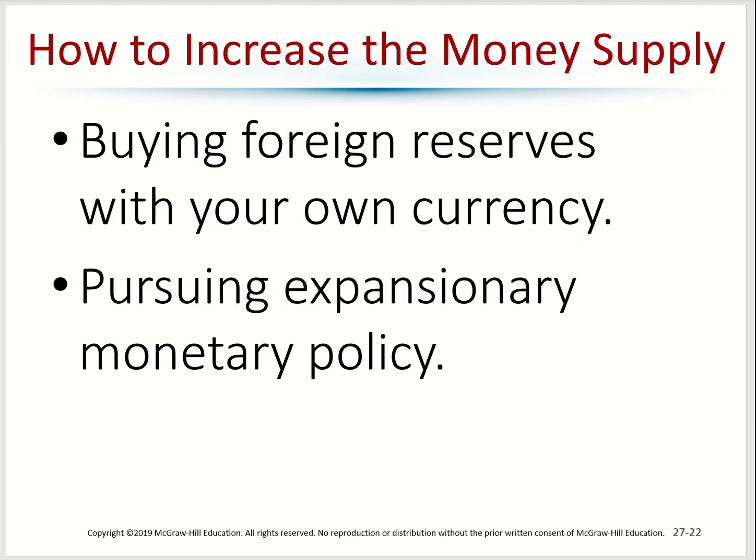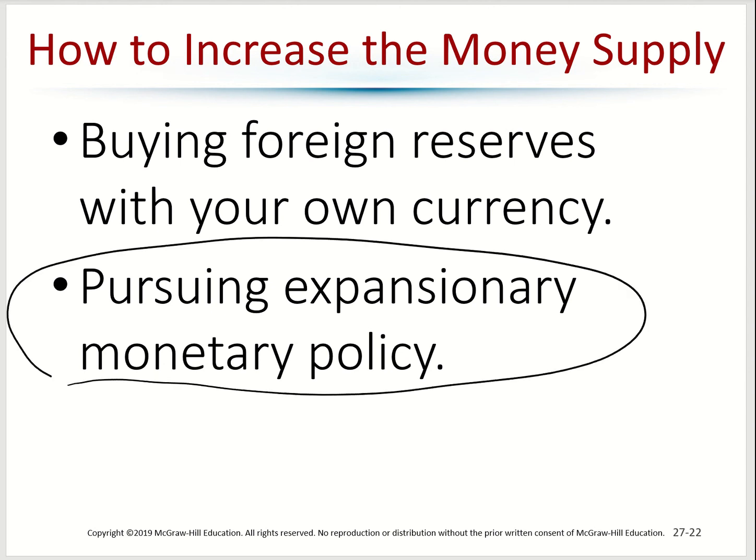Now there are two ways the central bank can increase the money supply. We learned one of them before, which is to pursue expansionary monetary policy, which means offering more lending to the economy, or just printing more cash. The other way, which is new to this chapter, is to buy foreign reserves with your own currency.